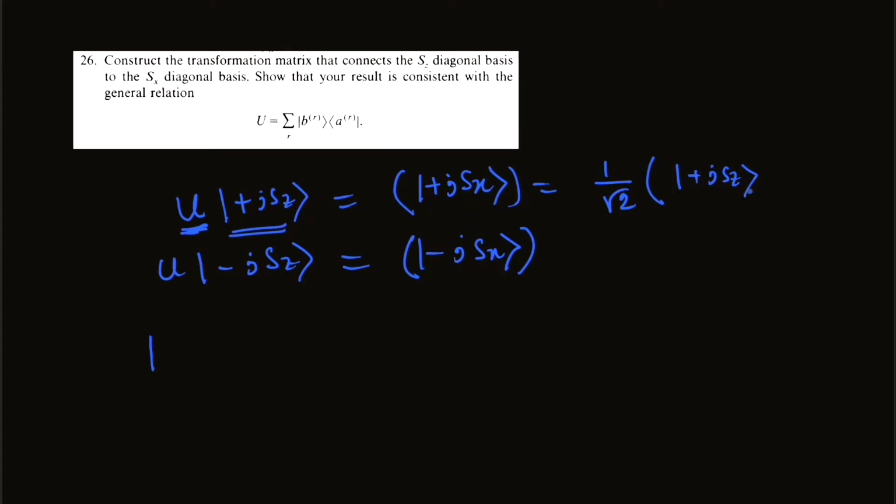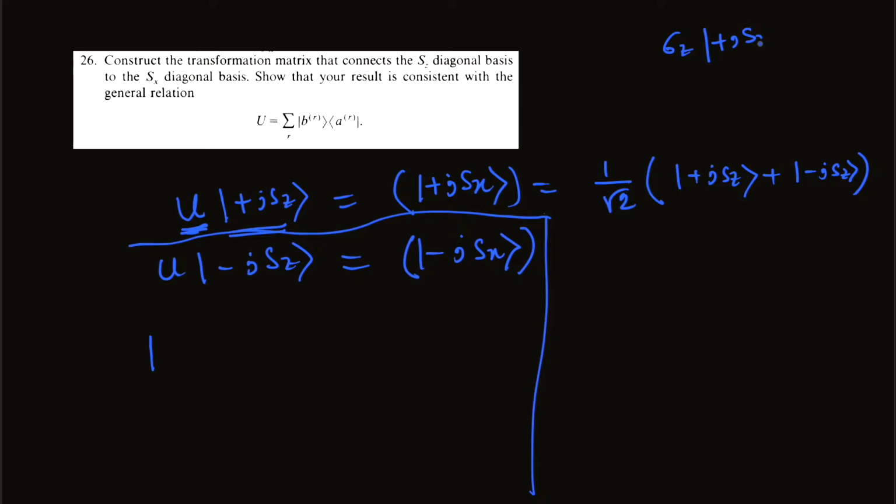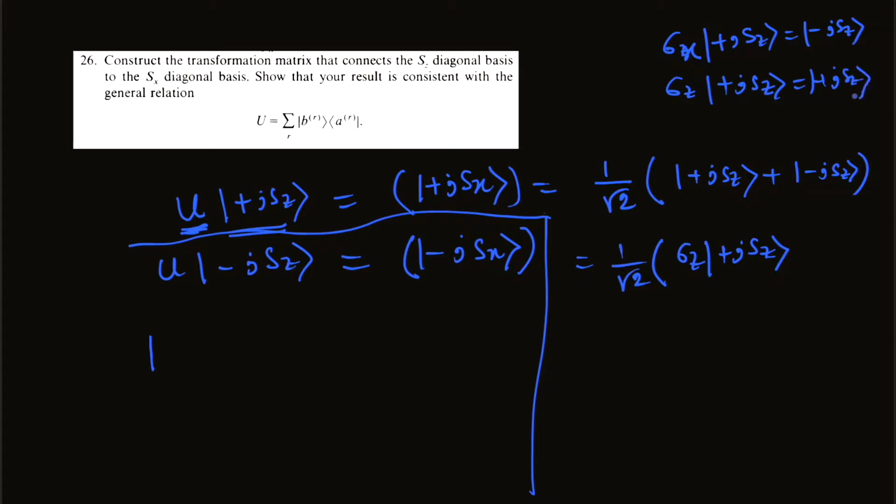As we know, we can represent plus SX as 1 by root 2 of plus SZ plus minus SZ, and we know that sigma Z operating on plus SZ gives plus SZ, and sigma X operating on plus SZ gives minus SZ.